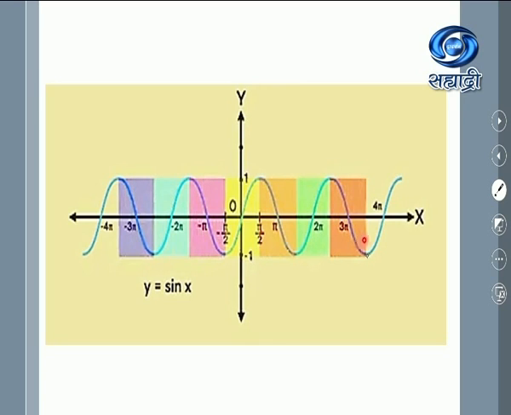We got this as one of the branches in this interval. If you consider another colored strip, this is a branch which is again one function. If you consider this branch within this particular interval, again that branch is one function.